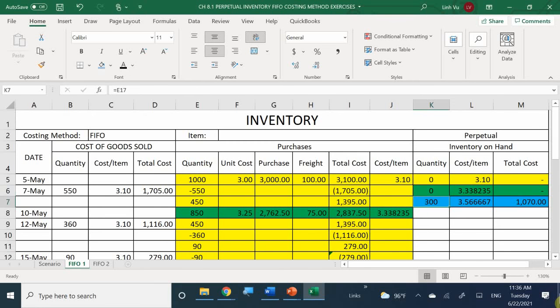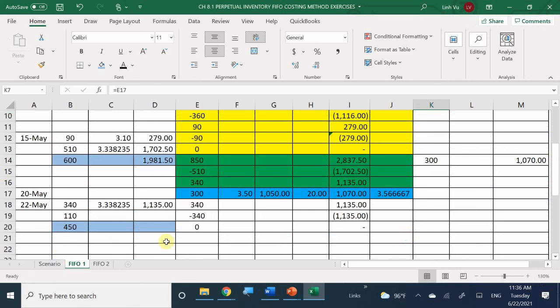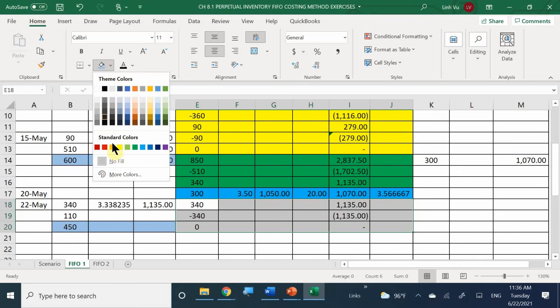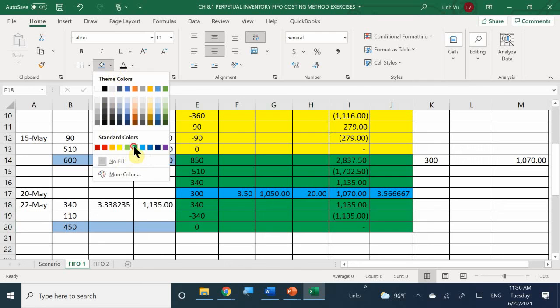And I'm going to make sure you understand where this number came from, and which batch we actually took it out from.